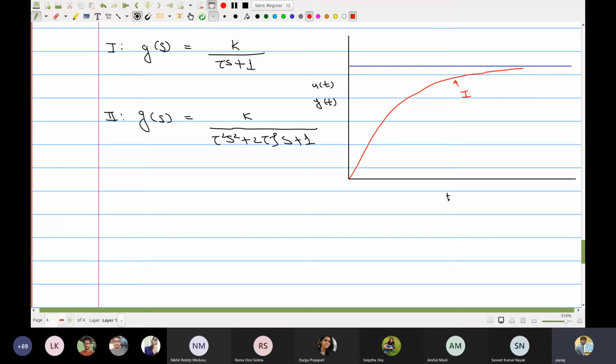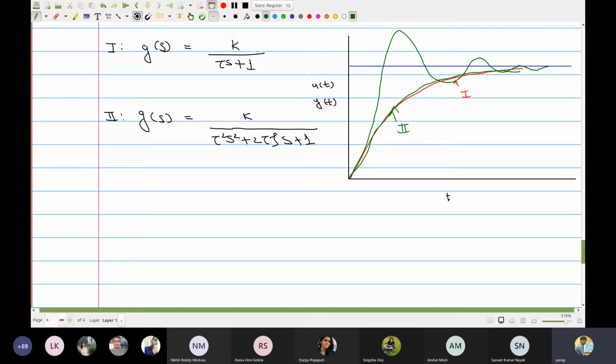And for second order, well, it may be like this, which means it is like first order, which is monotonous. So what is the quality of the red curve? The quality of the red curve is that it approaches the new value in a monotonous and asymptotic manner. Well, it may not be so monotonous in second order always, and you may as well find that there are oscillations, and the oscillations may die out depending upon the system parameters that you have.